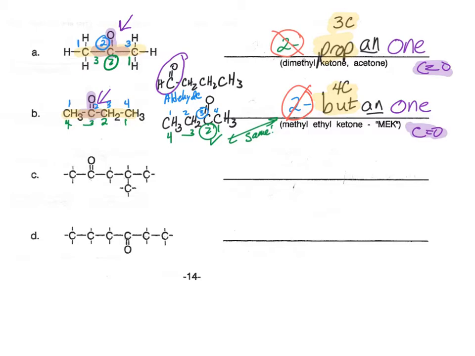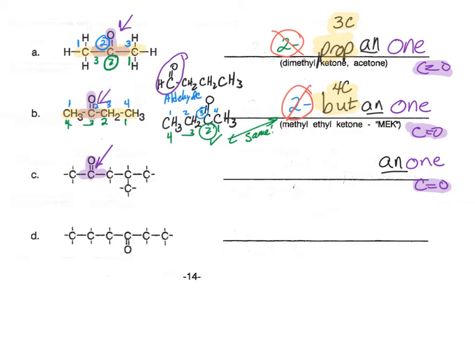Now let's focus on compound C. Again, we see the C double bond O with carbon on both sides, so it's our carbonyl carbon. And this is a ketone because it has a carbon on each side. The ending will be -one. Then we look to see if there are any double bonds or triple bonds, and we see it has all single bonds between the carbons. So we put in AN.